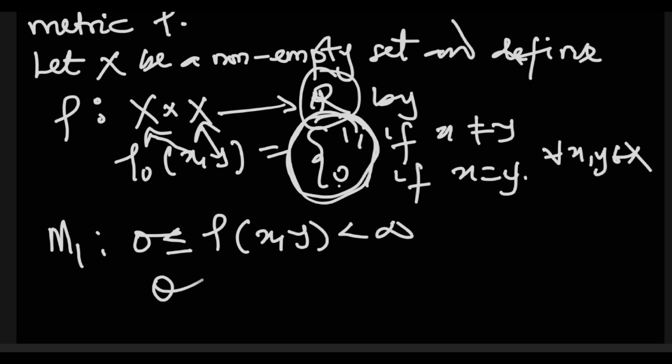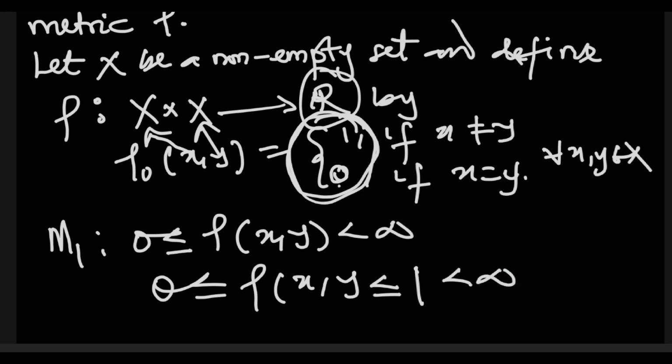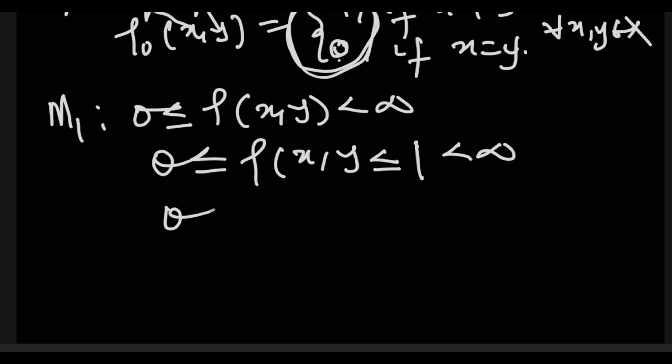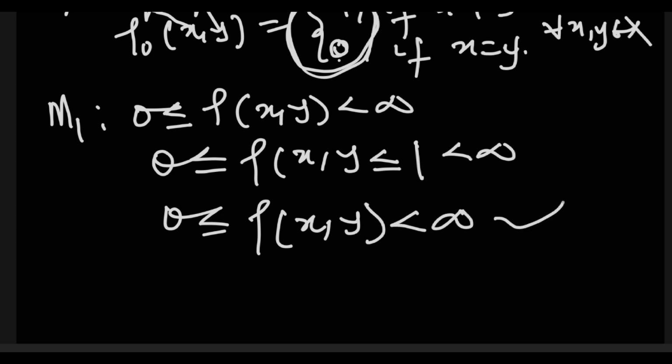So that shows 0 is less than or equal to rho xy, which is less than or equal to 1. So it's between 0 and 1, and definitely 1 is less than infinity. So this is satisfied.